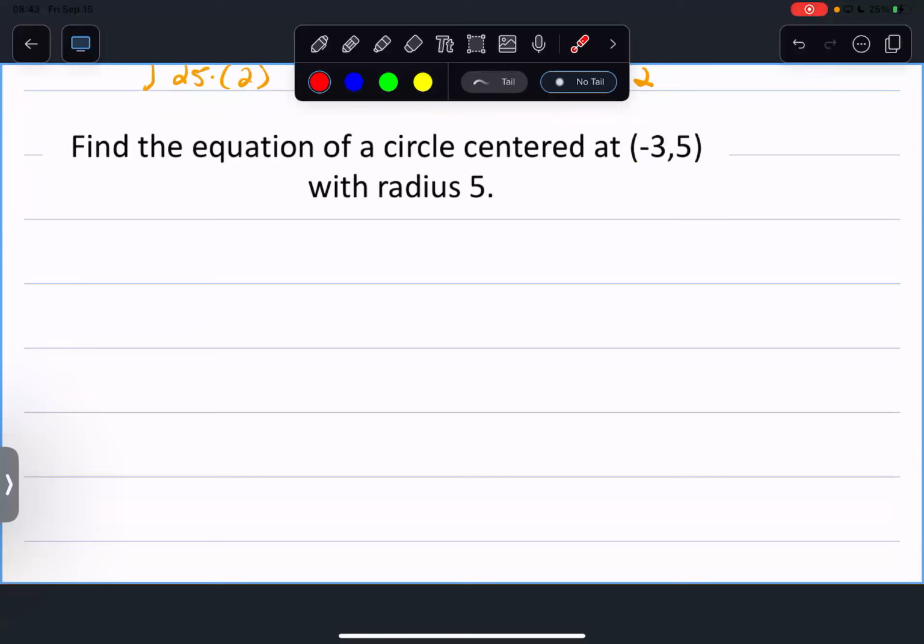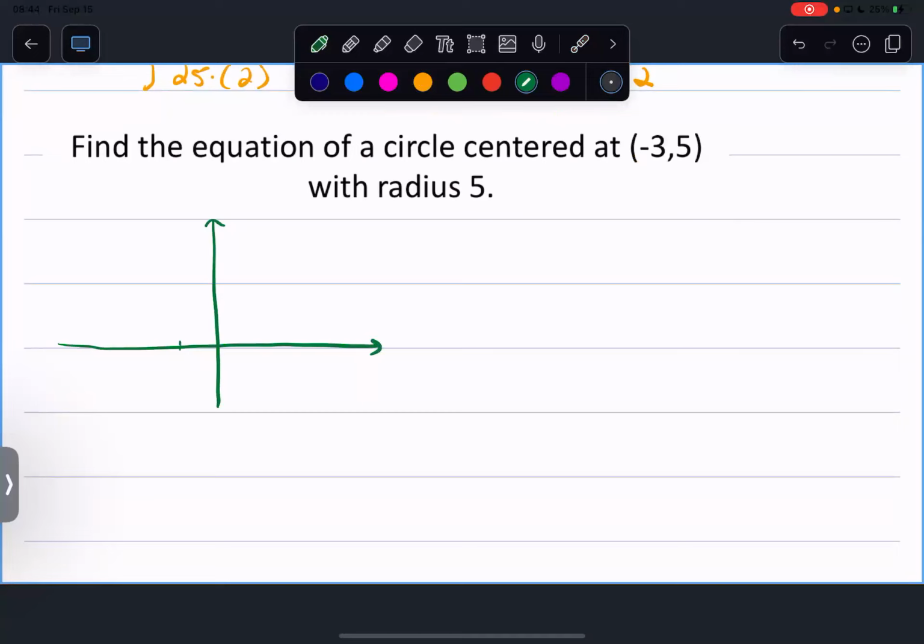All right, so now find the equation of a circle centered at -3, 5. Let's start with the graph. 1, 2, 3, -3, 1, 2.